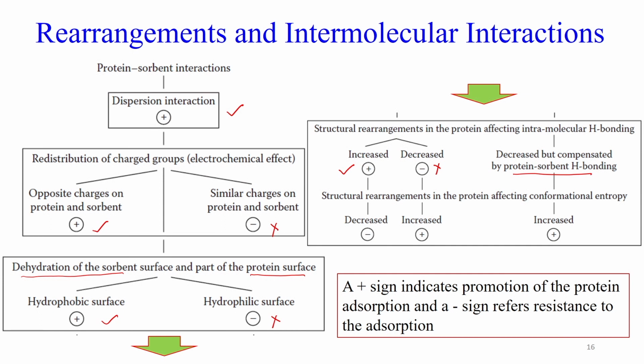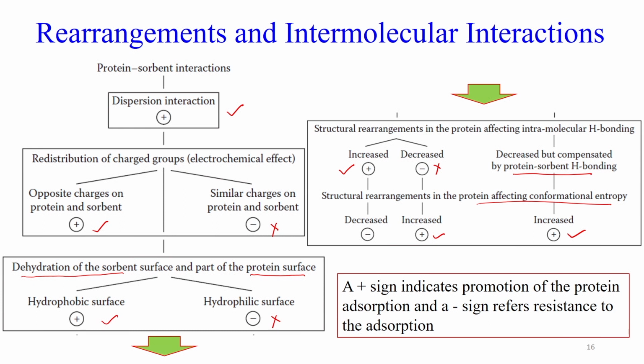Now, after this there will be structural rearrangement of the protein, which will affect the conformational entropy, because if there is unfolding or rearrangement, the entropy is going to increase, which is again going to promote the adsorption process.